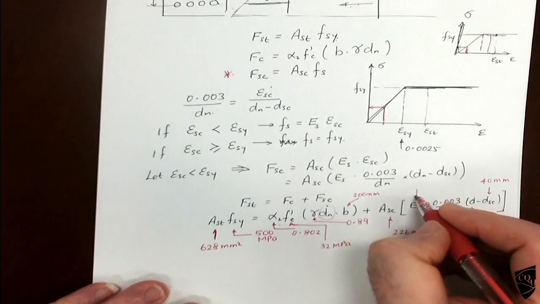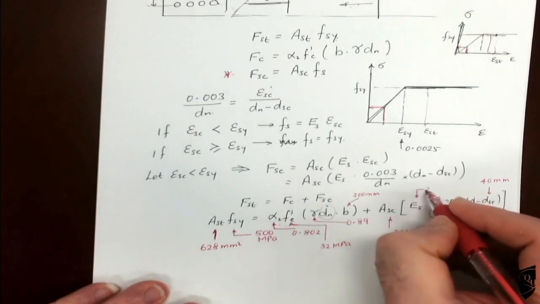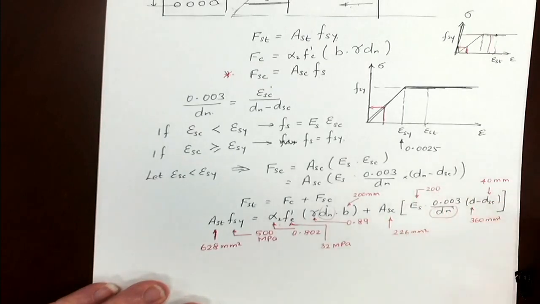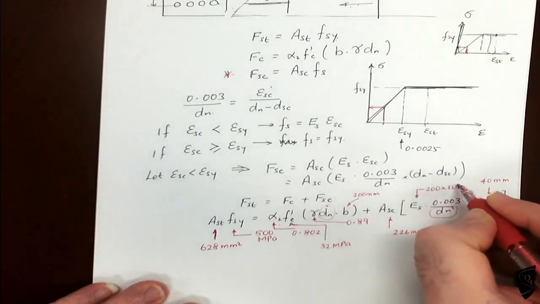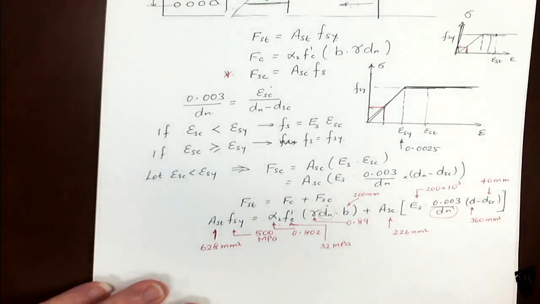So what is the Es? 200 gigapascal. We need to make it in MPa, everything in MPa, so 10 to the power 3.